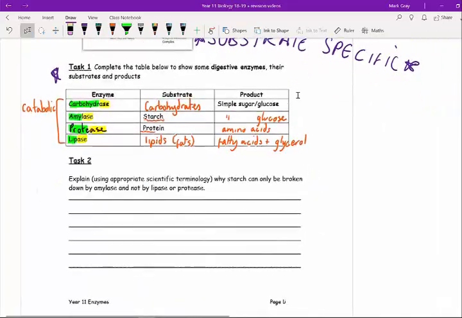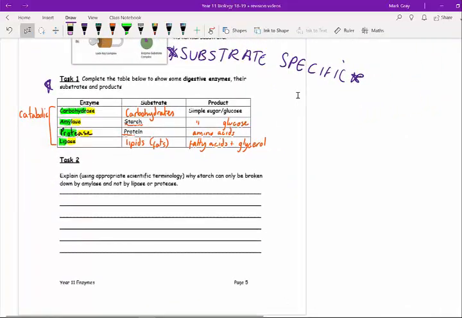Now, the next wee bit is explaining why starch can only be broken down by amylase and not lipase or protease. Here's how you would answer this.